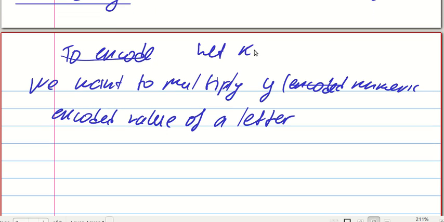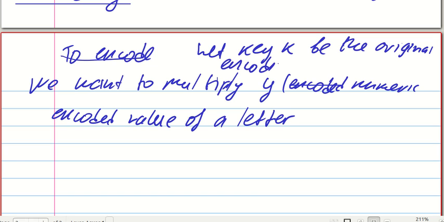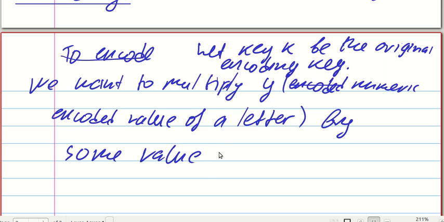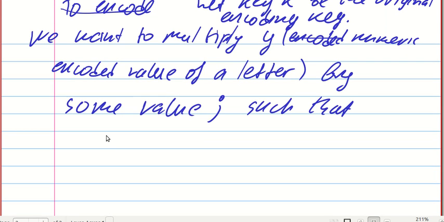and let k be the original encoding key. All right, so we want to multiply y, the encoded value of a letter, by some value j such that k times j mod 26 is equal to 1.